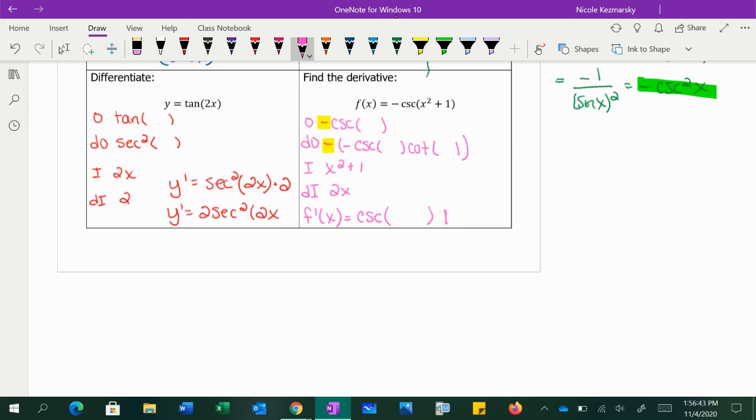Cosecant, cotangent of parentheses. In the parentheses goes your inner, and it goes in both places. And then we multiply by the derivative of the inner. And to avoid any confusion, we can bring that 2x up front, make it 2x cosecant of x squared plus 1 cotangent of x squared plus 1.